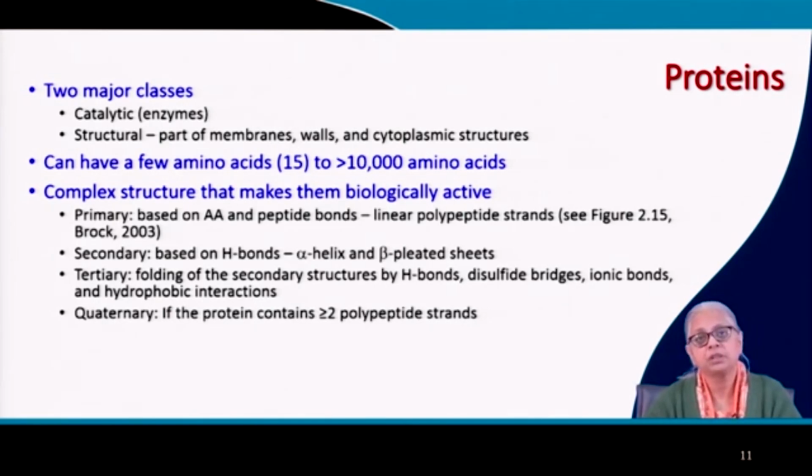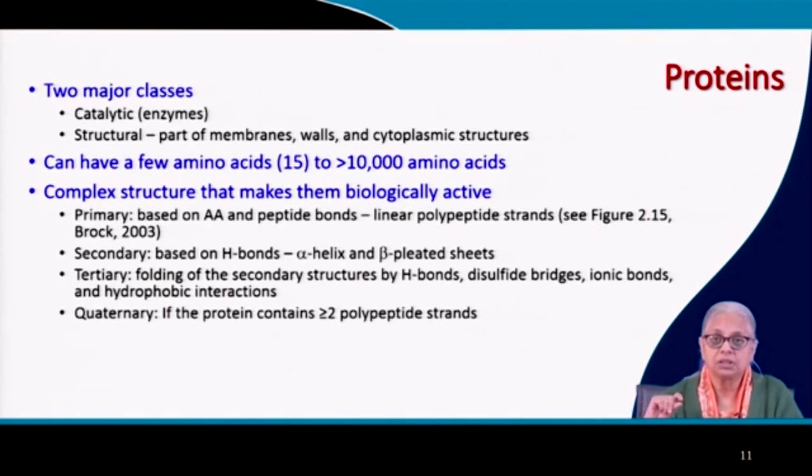Now you can have proteins which have very few amino acids, as small as 15 amino acids, and you can have proteins which have more than 10,000 amino acids. I've already mentioned in a previous lecture that they have very complex structures, and the complexity of the structure is what makes it biologically active.